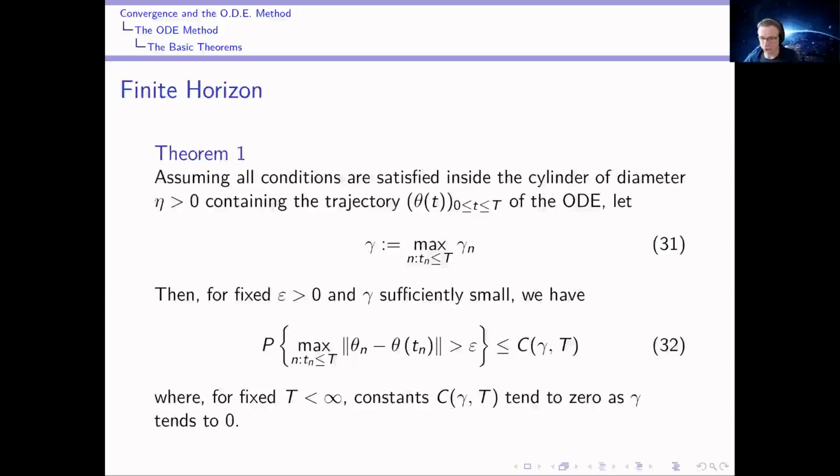So the first theorem concerns the nature of the association between the update equation and the ODE for a finite number of updates. What this is saying is that with probability increasingly close to 1 and for a small gain, the parameter updates follow the trajectory theta of t of n of the ODE, and that there's an uncertainty that's never greater than some arbitrary a priori value.